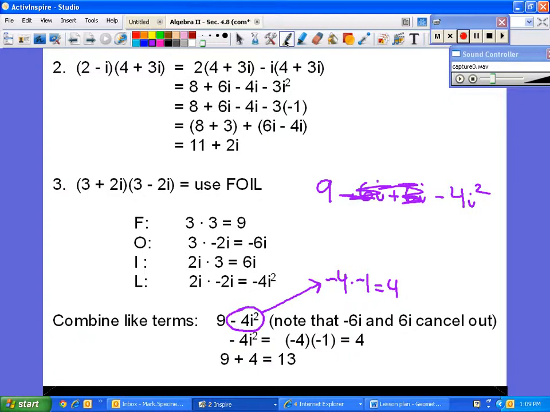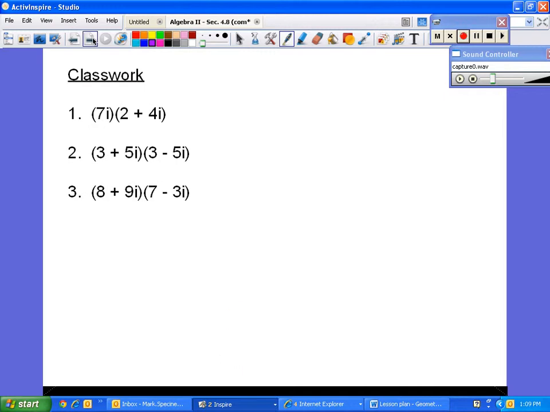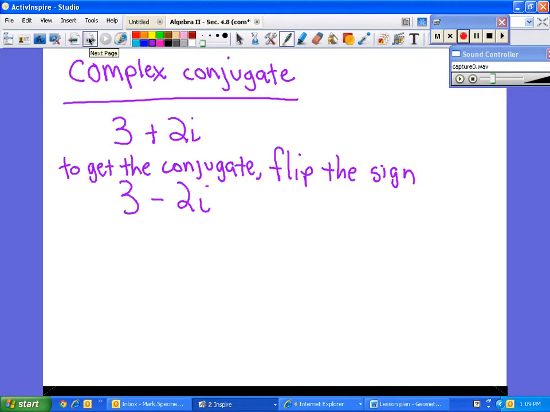The 3 and 3 are the same. I'm bringing this to your attention because this is an actual thing. This relationship of 2 pairs of numbers that are the same with just the sign different, those are called conjugates.